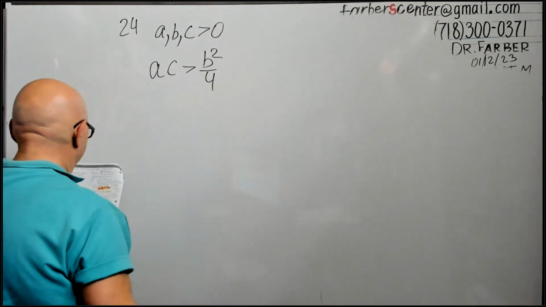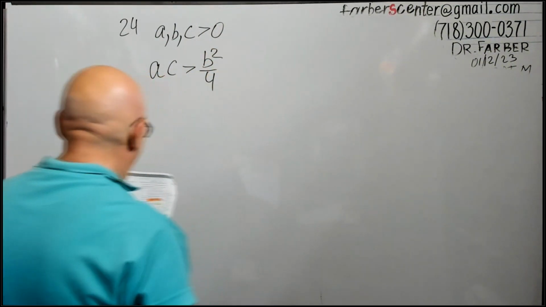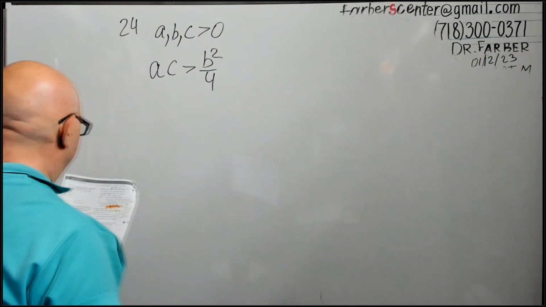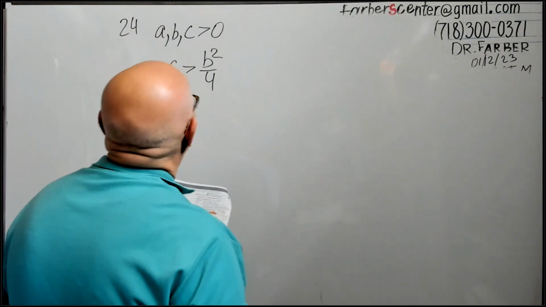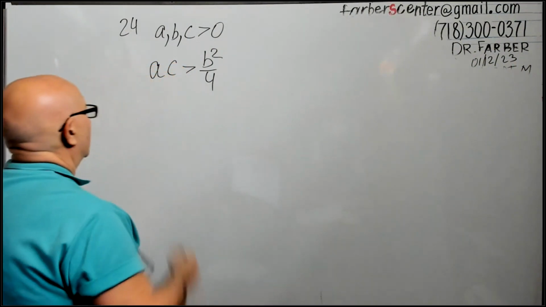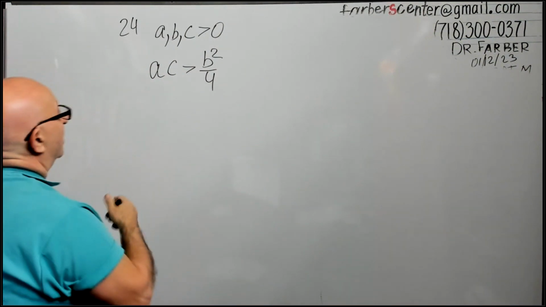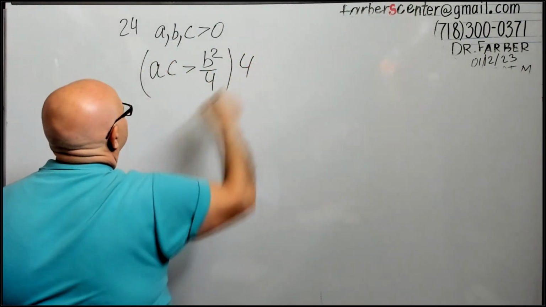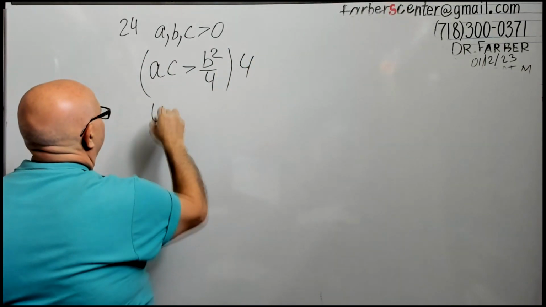This is given. How many times does the graph of the equation cross the x-axis? How many times? So what are we supposed to do? I multiply both parts by 4. I get 4AC greater than B squared.